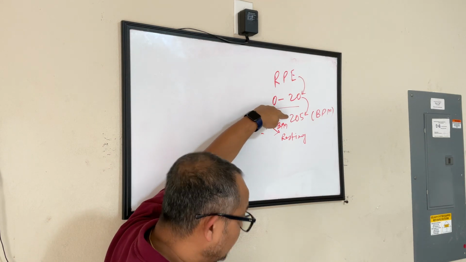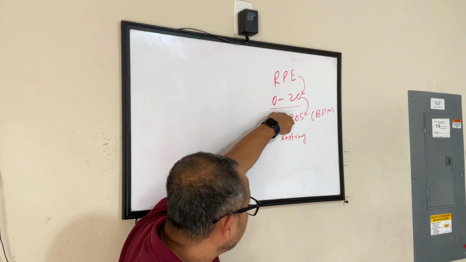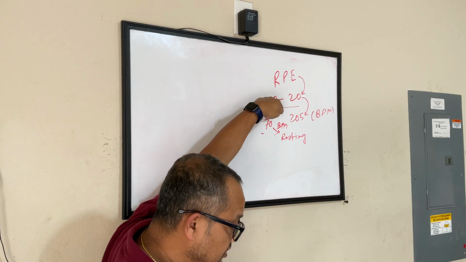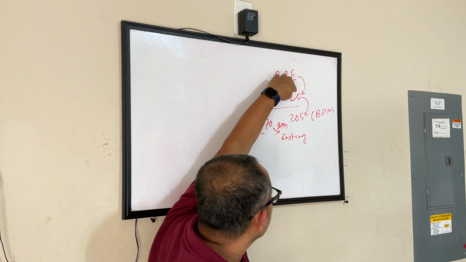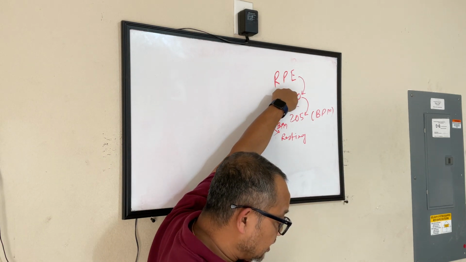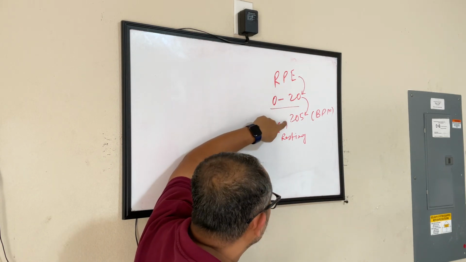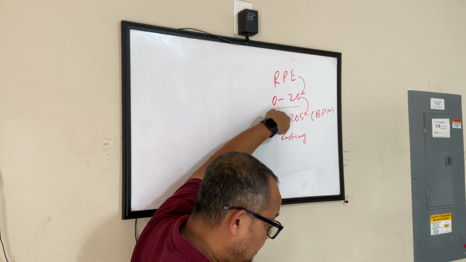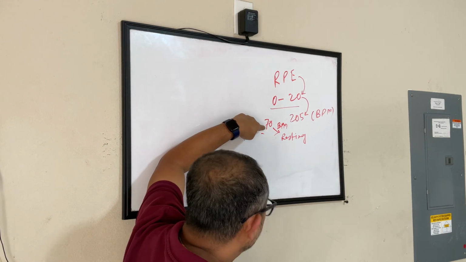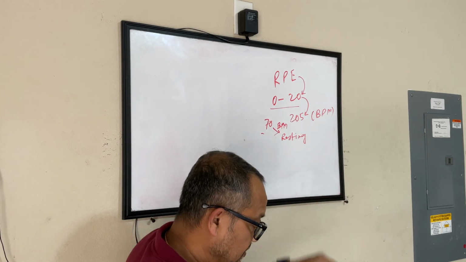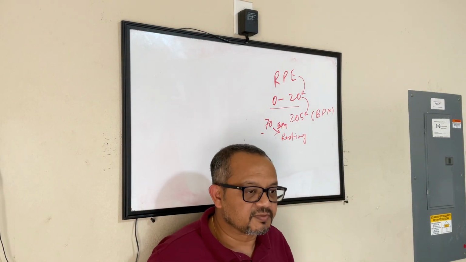If an RPE rank of 20 corresponds to a person's maximum heart rate of 205 BPM, what RPE rank corresponds to a person's resting heart rate of 70 BPM? And find the value to the nearest possible integer.